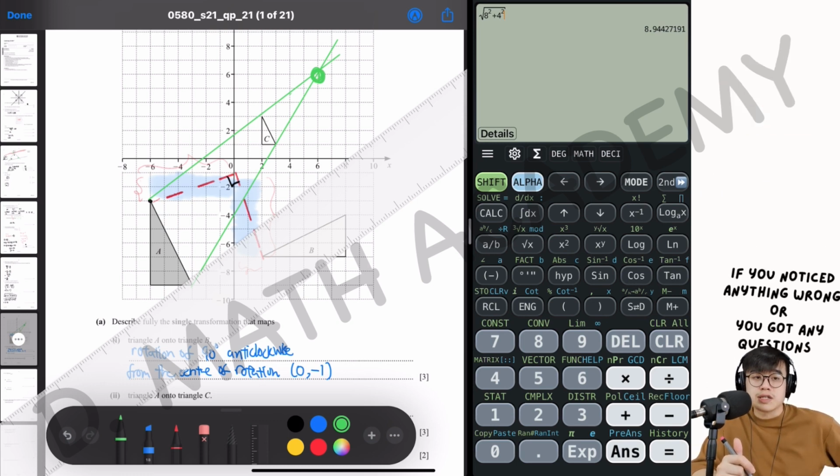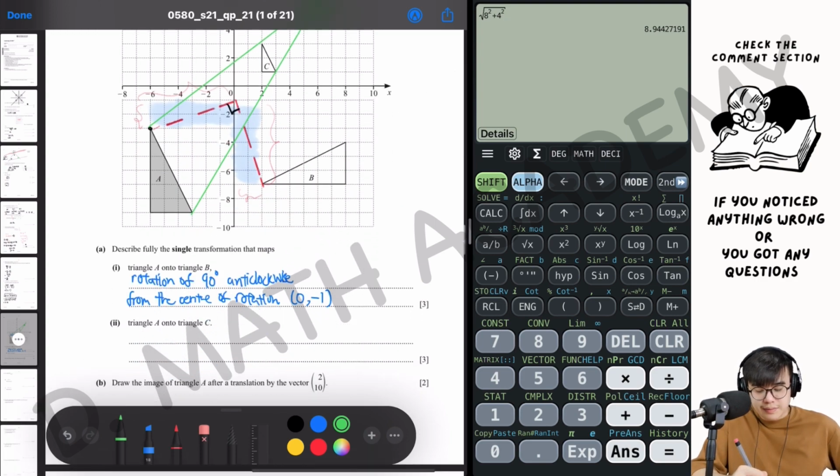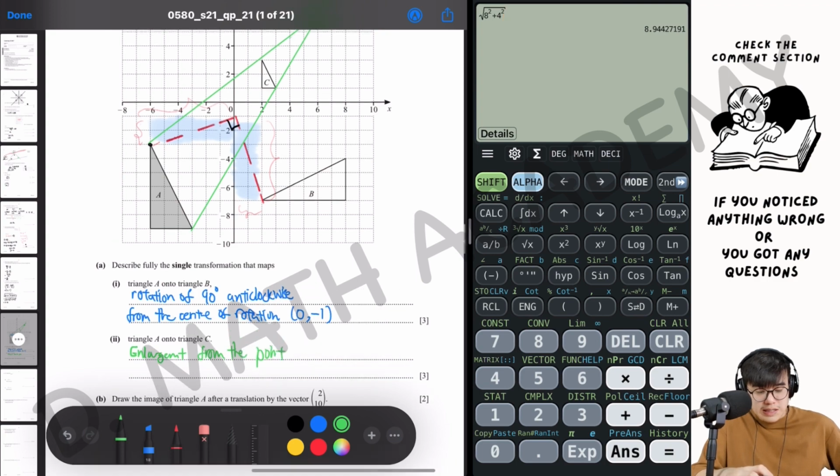That is actually (6, 6) over there. So I can now describe it, from the point (6, 6).